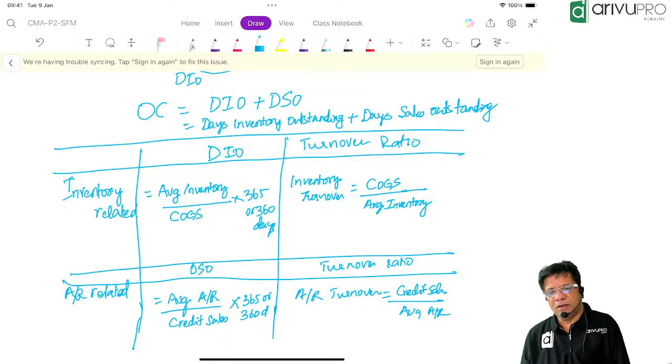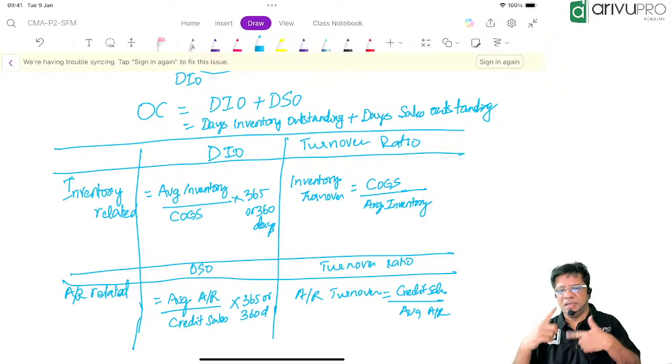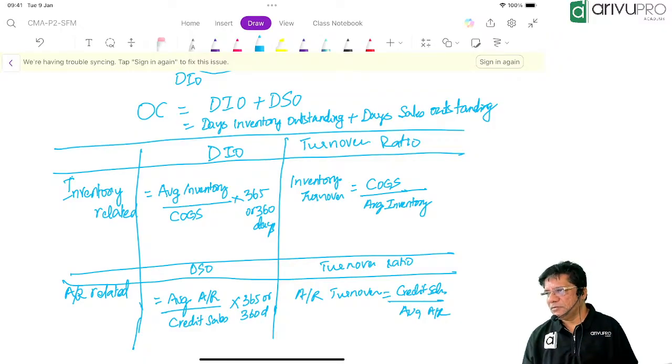Another way to understand is how many times inventory has been turned over in generating cost of goods sold. What is this average? Average means beginning inventory plus ending inventory divided by 2.